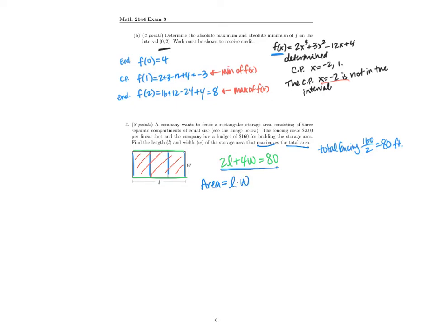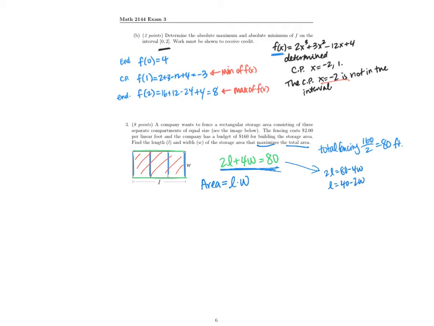And so I can use this function here to solve for one of my variables. So I can solve that for L, say, and I'm going to get 2L equals 80 minus 4W, so L is equal to 40 minus 2W.